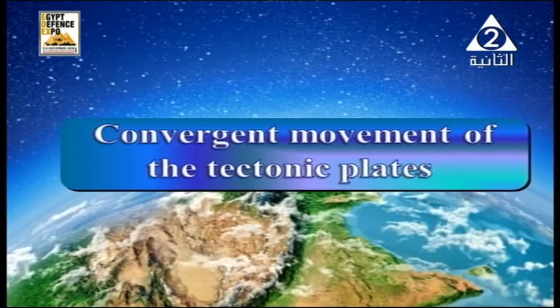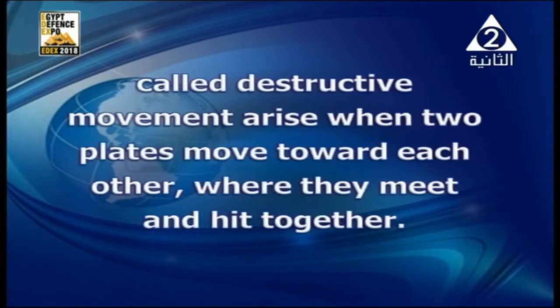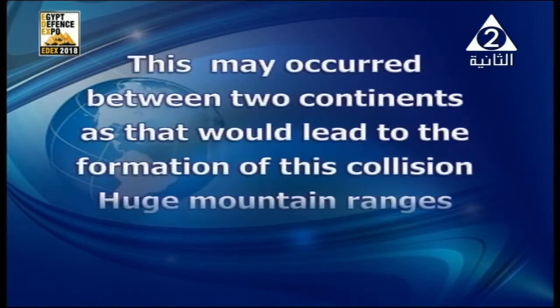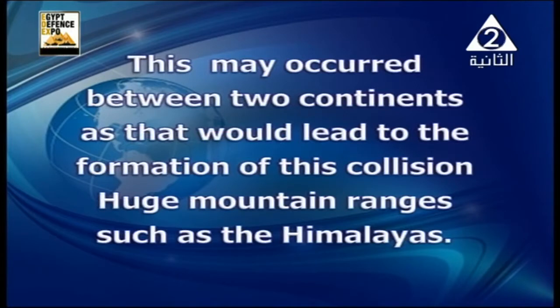Now, my dear students, the second movement is the convergent movement of the tectonic plates, called the destructive movement, which arises where two plates move toward each other, meet and hit together. This may occur between two continents, leading to a collision and the formation of huge mountain ranges such as the Himalayas.